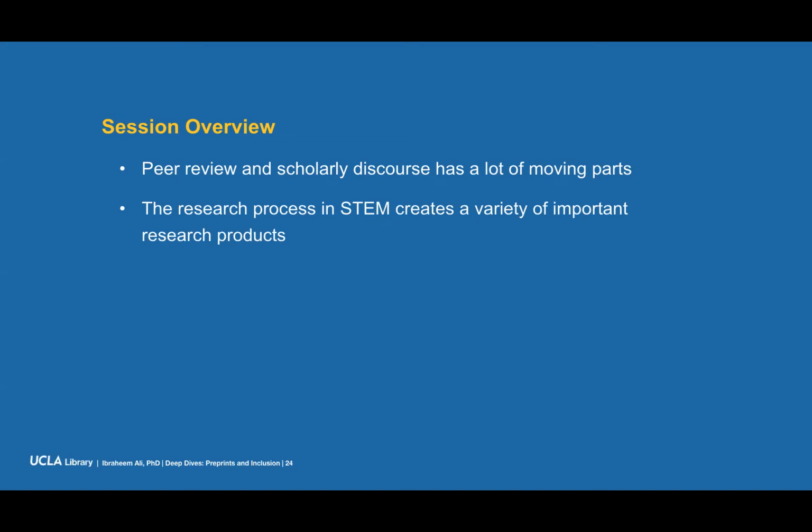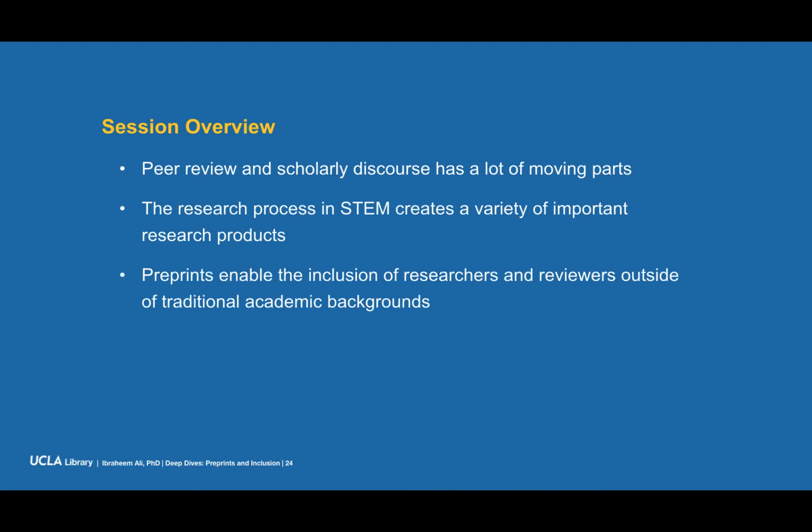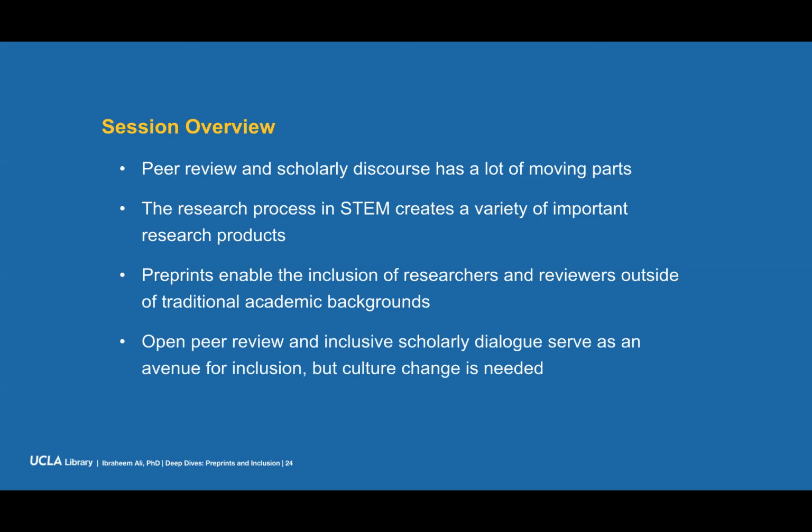By valuing these other research products, we create other avenues for people to progress in and be acknowledged for their productivity in their research environments. Preprints enable the inclusion of researchers and reviewers outside of traditional academic backgrounds, which, as we think about diversity and inclusion, includes anyone who is financially unable to participate in generating the scholarship.